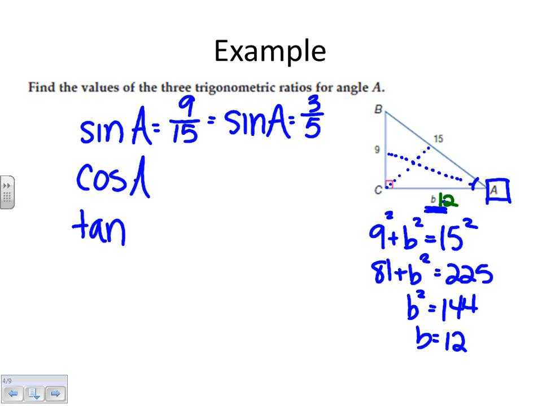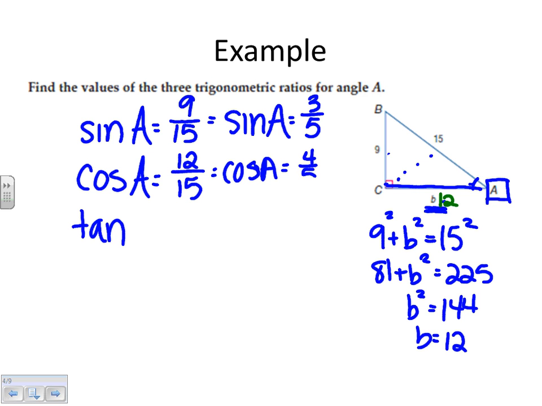Okay, the cosine of A is going to be the side adjacent to A, which is 12 over 15, which is our hypotenuse. And we reduce this to, not sine, cosine of A, which is 4/5.